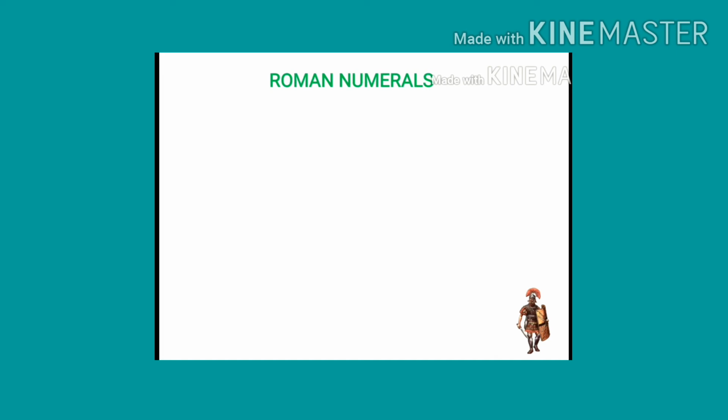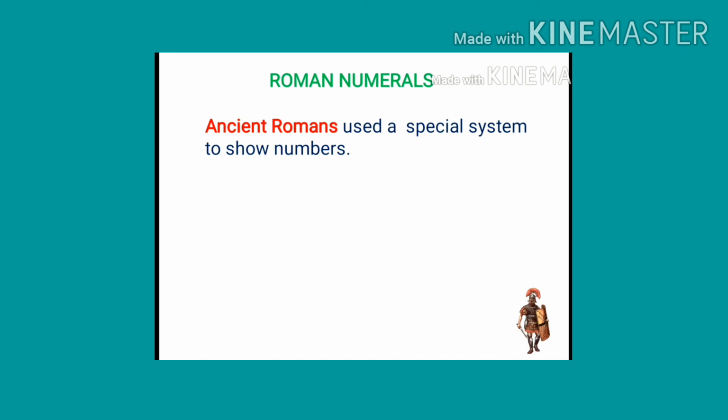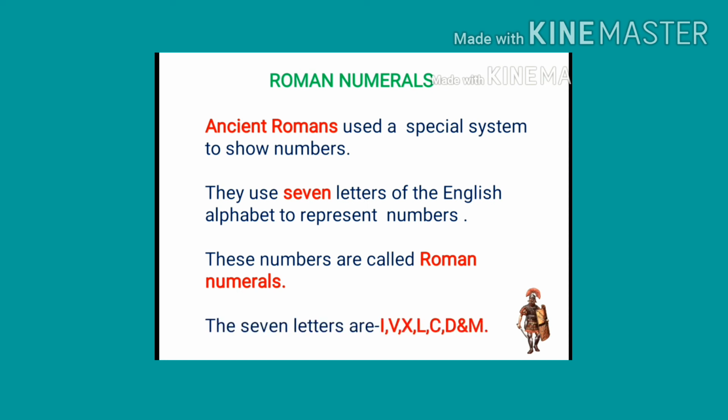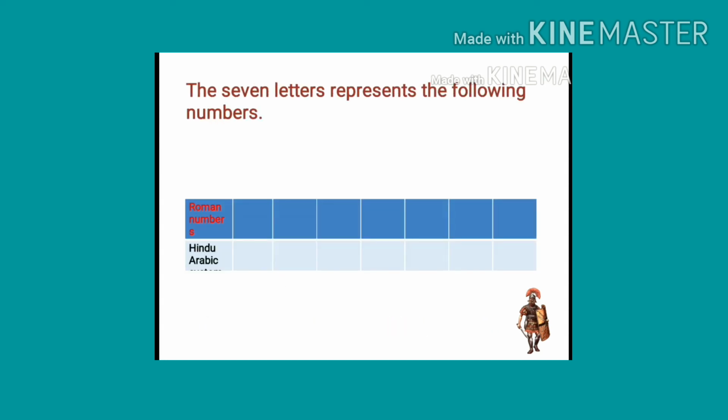Now, let us see what the Roman numerals say. The ancient Romans used a special system to show numbers. They did not use the numbers which we use. They used 7 letters of the English alphabet to represent numbers. These numbers are called Roman numerals. Now let us see which the 7 letters are. They are I, V, X, L, C, D and M. And now let us see how they are represented.